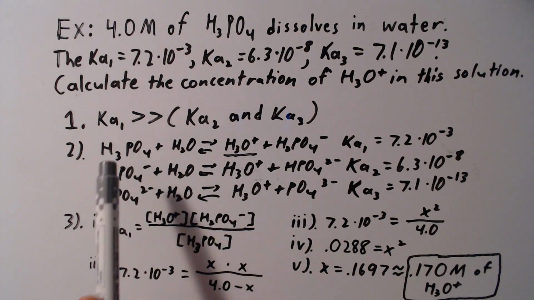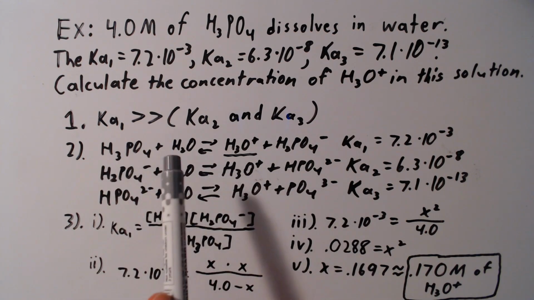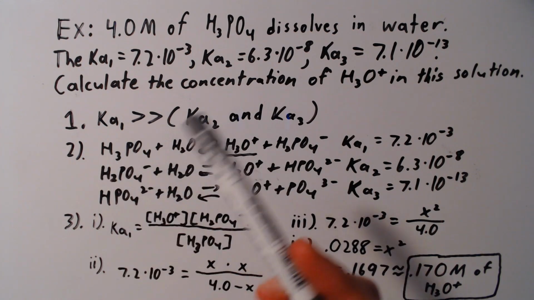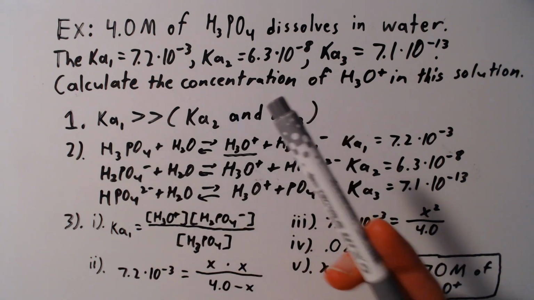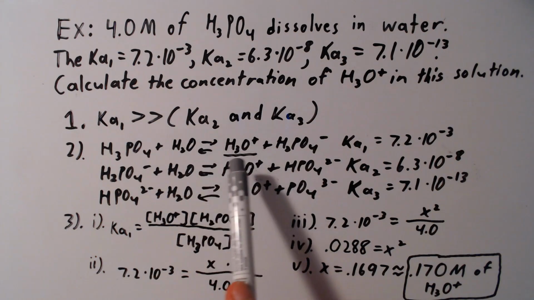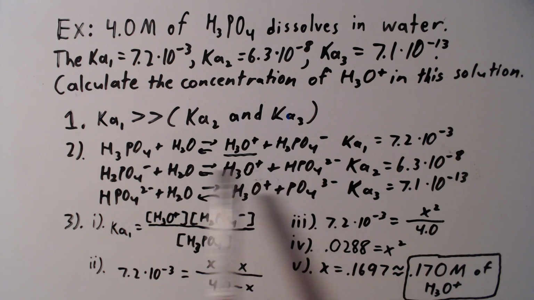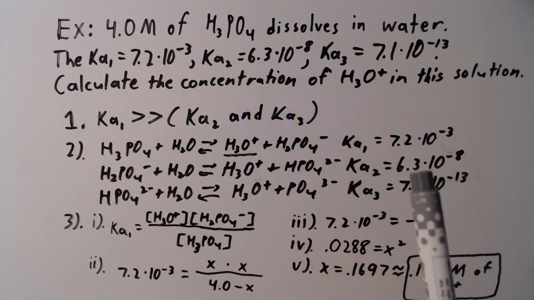So if we know that only this first reaction really matters, then this problem becomes a very simple problem, because we only need to find the H3O plus concentration produced for this reaction. And then it becomes like a simple acid dissociation problem.